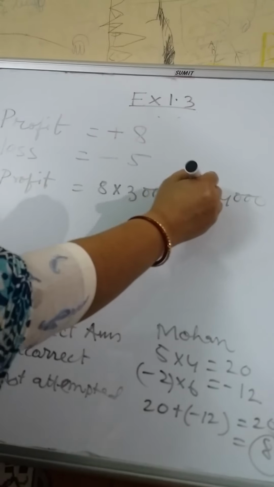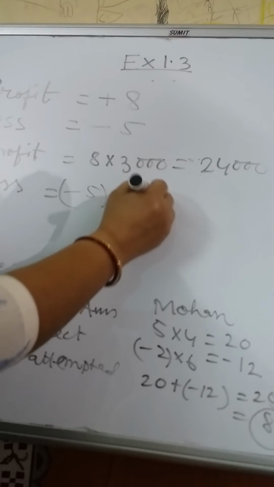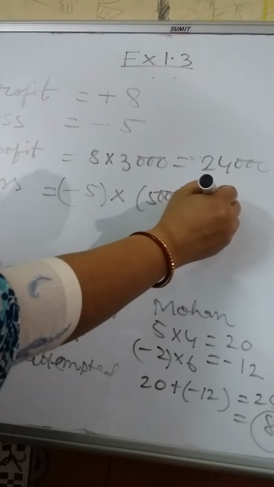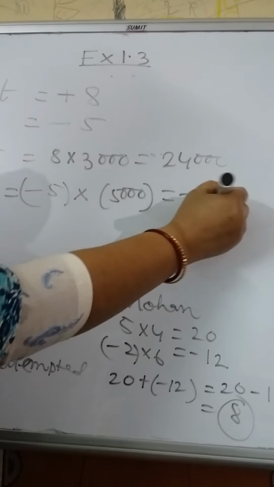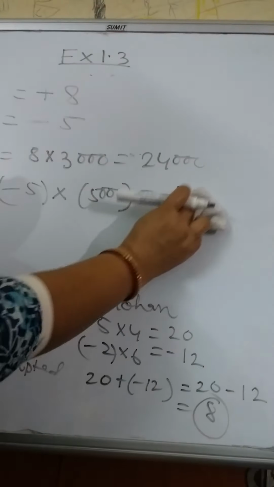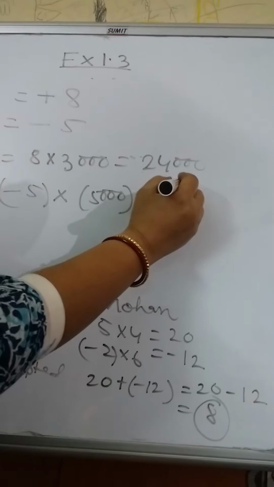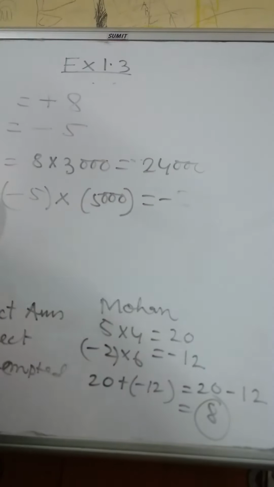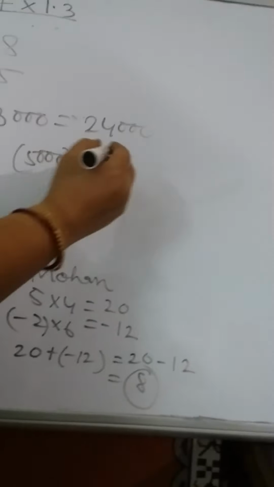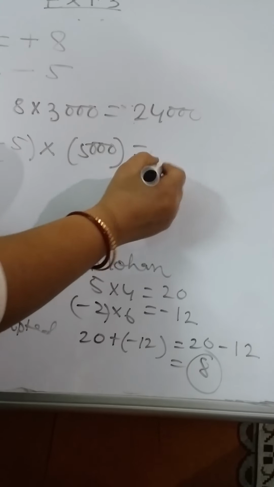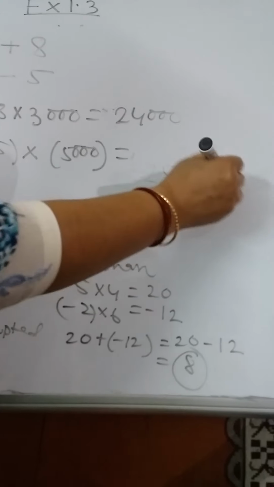Now loss will be, it has sold 5000 bags of grey cement. So minus 5 into 5000. So it will be minus 25,000.